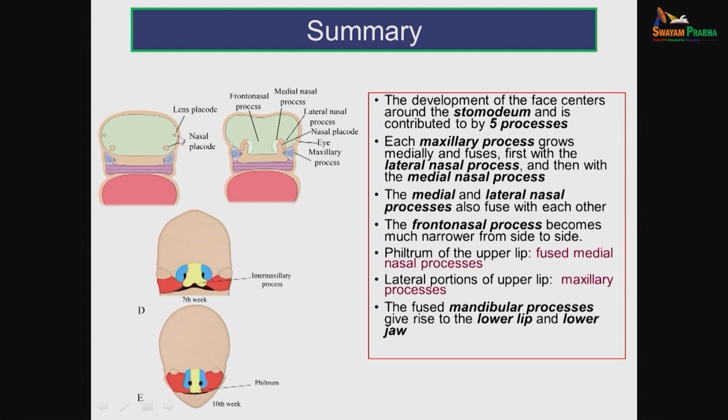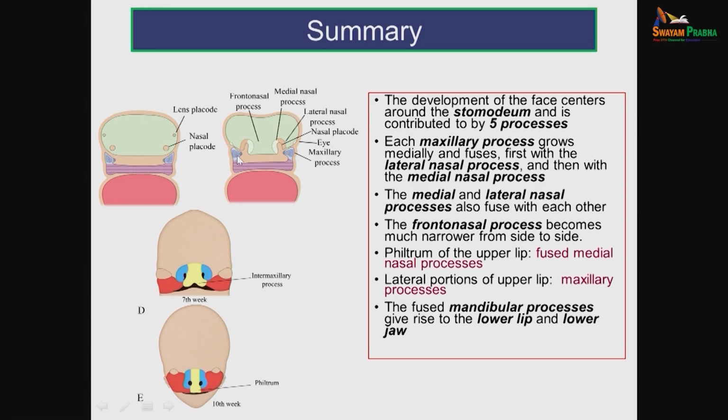In the frontonasal process, an ectodermal thickening called nasal placode appears cranial to the stomatodium, lying on either side. This nasal placode sinks below the surface and hence the medial and lateral raised edges are called medial nasal process and lateral nasal process.